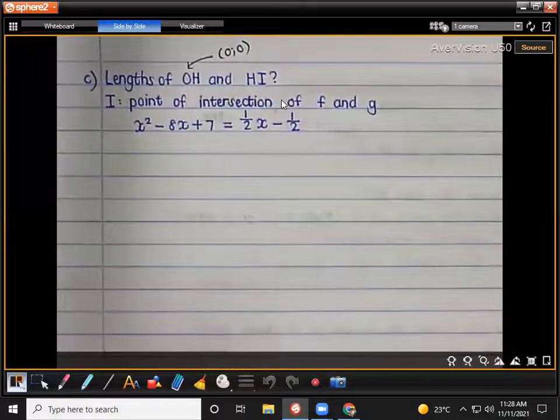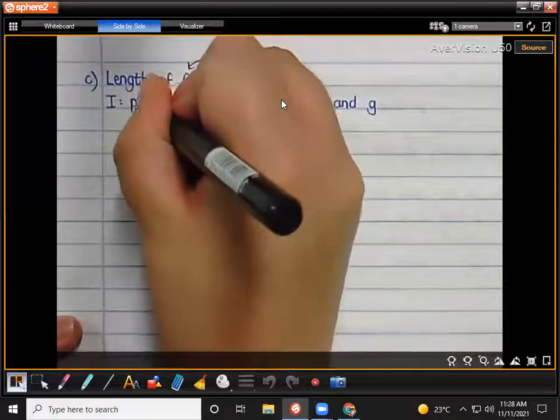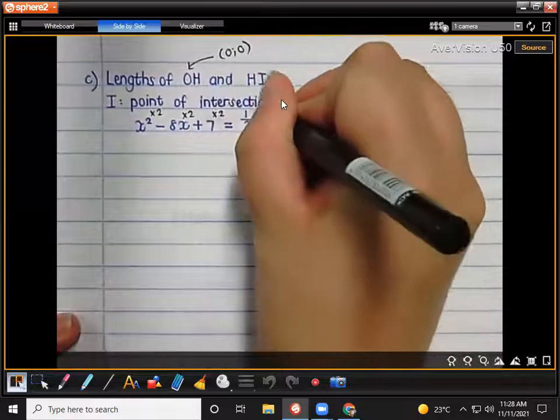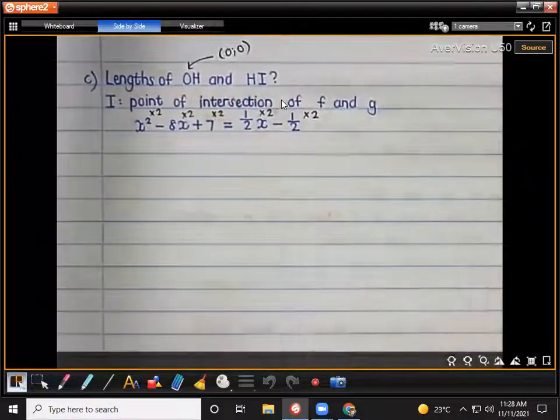Guys, before we do that though, let's make it a bit easier for ourselves. I don't like working with fractions in an equation. I don't know how you guys feel. All right, so what you can do to get rid of those denominators of 2 is you can just multiply every single term by 2. Okay, do you guys remember solving an equation with fractions? You multiply each term by the LCD. So I'm going to multiply that by 2, that by 2, that by 2, and that by 2, and the last term by 2.